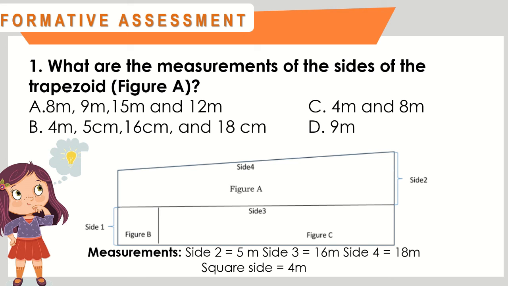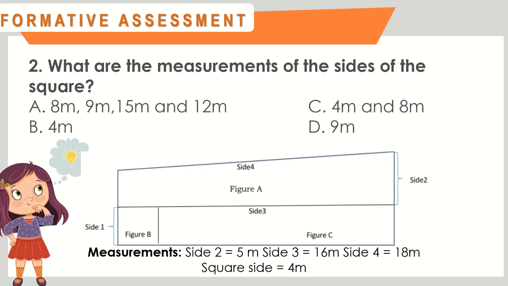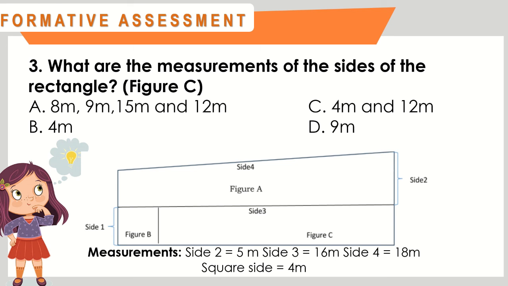What are the measurements of the sides of the trapezoid, figure A? What are the measurements of the sides of the square? What are the measurements of the sides of the rectangle, figure C?